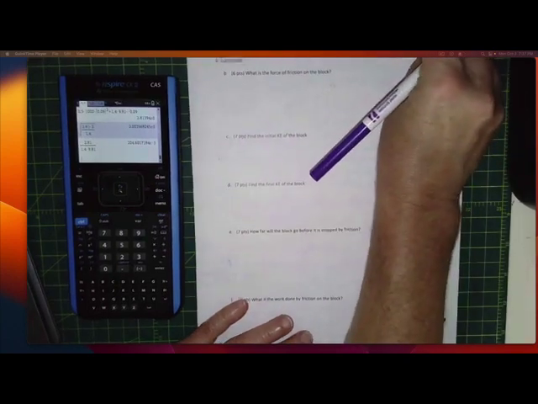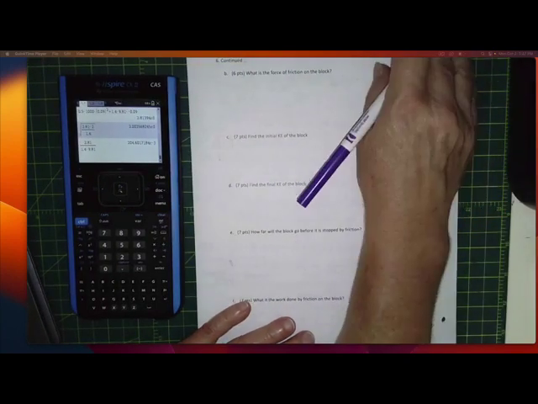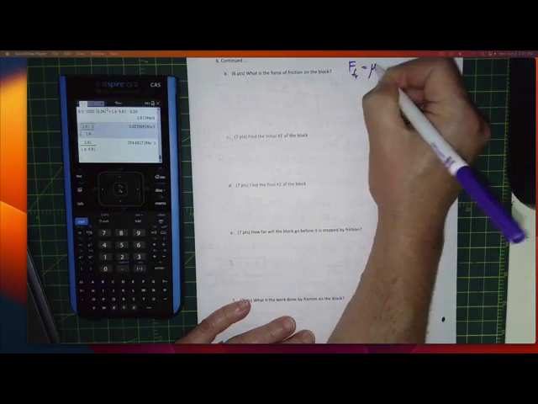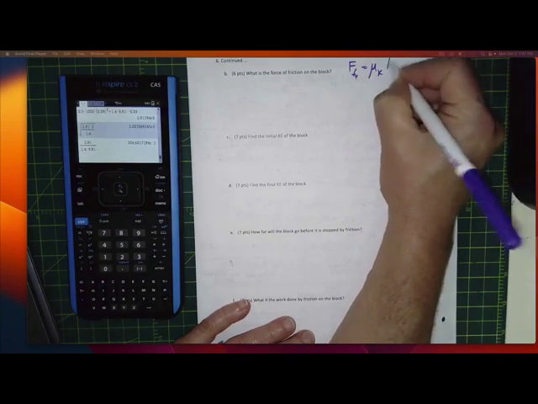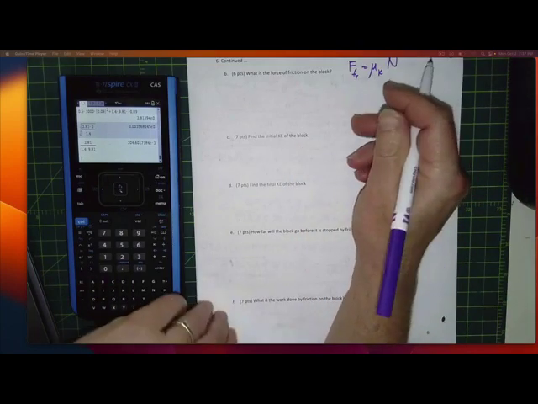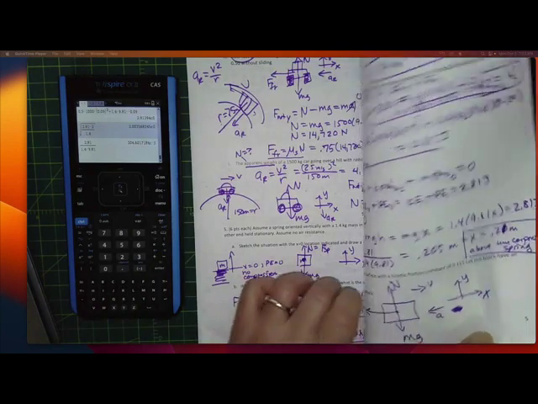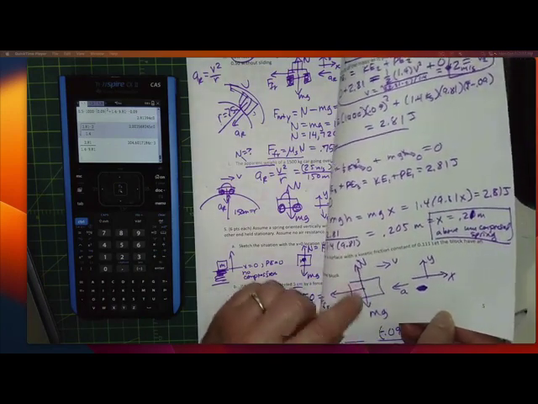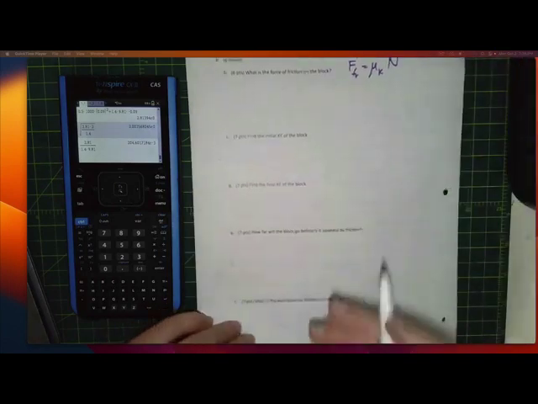All right, what is the force of friction on the block? Force of friction is mu k times n, since it's sliding, so we need mu k and we need to get n. Going back to our free body diagram, in the y direction all you have is n and mg.